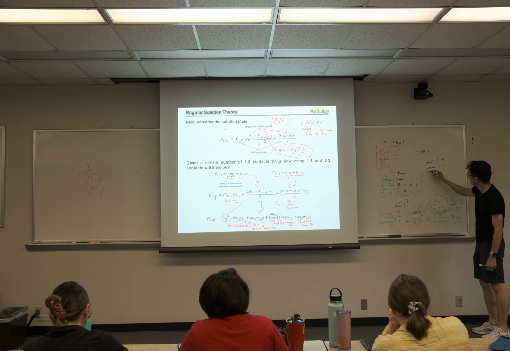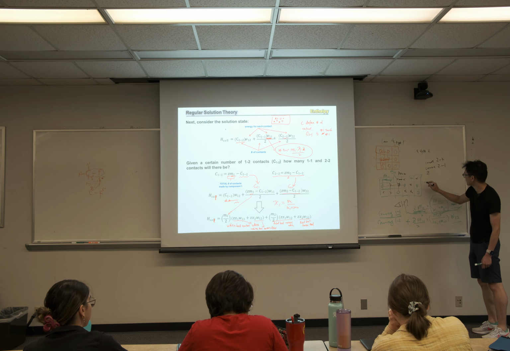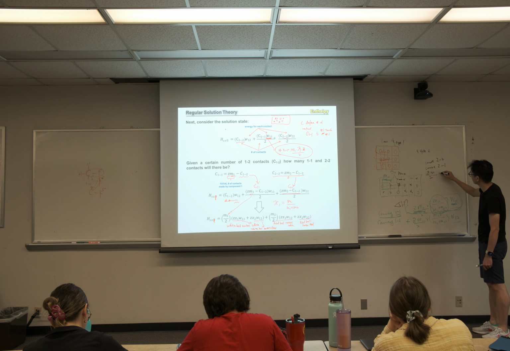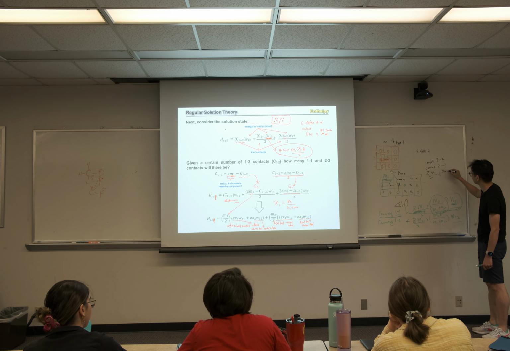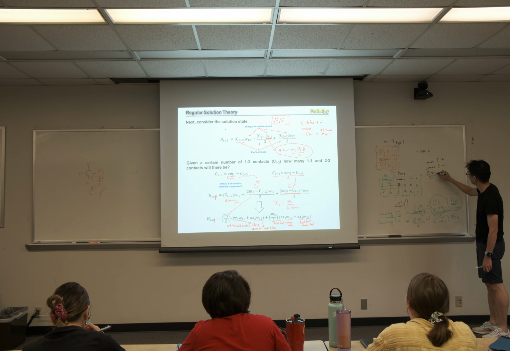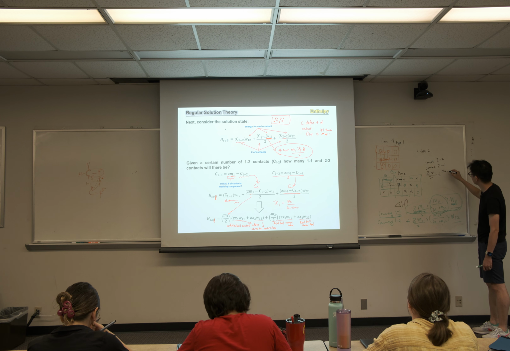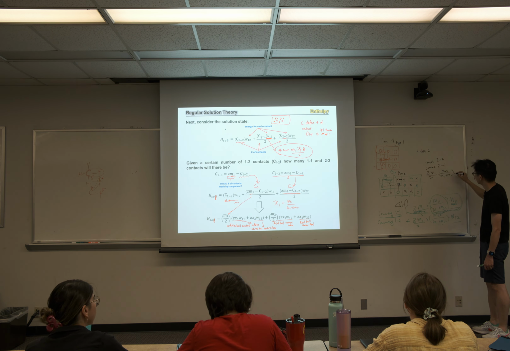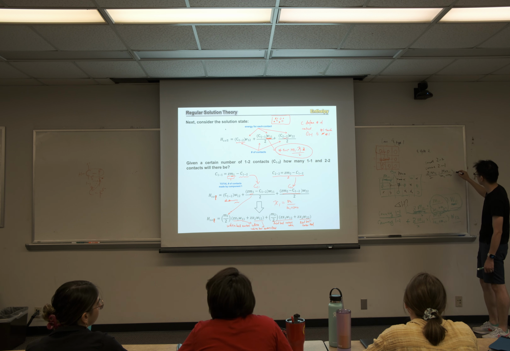The chance of a black cross meeting another black cross is given by N22 over N11 plus N22, times W22.